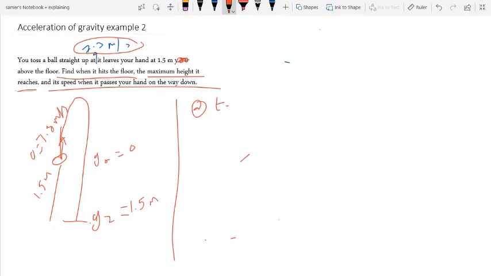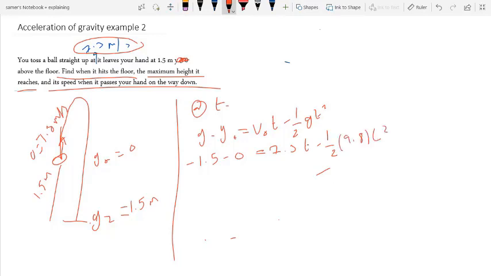we can use this equation: y minus y0 equals v0 t minus 1/2 g t squared. y minus y0 is minus 1.5 minus 0 equals v0, which is 7.3, times t, minus 1/2 times 9.8 t squared.